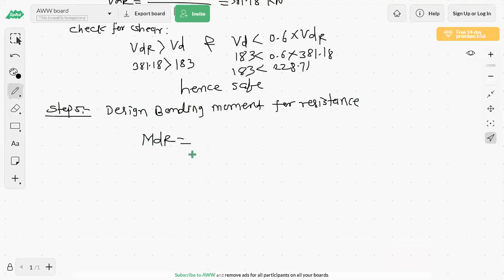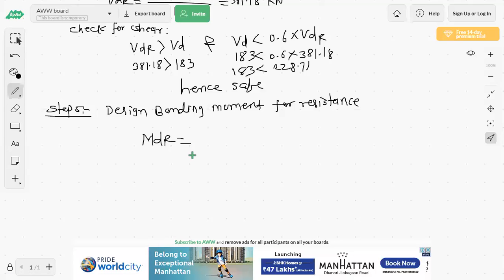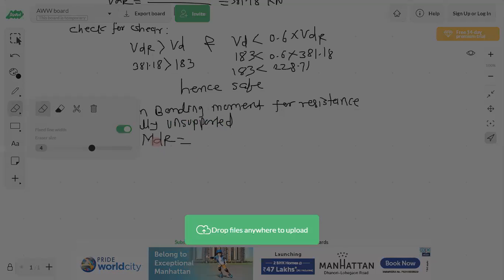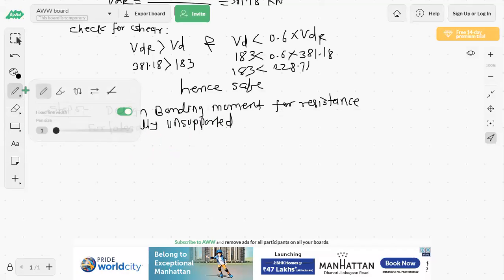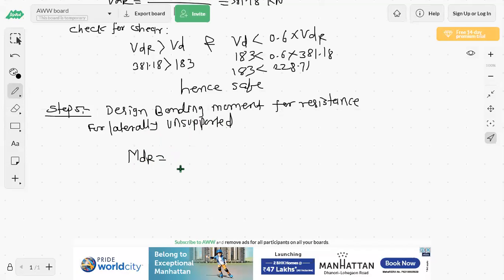Here the beam is given laterally unsupported. So for a laterally unsupported beam, the formula of MDR is different. For a laterally unsupported beam, what is the formula for MDR? Please see the procedure now.